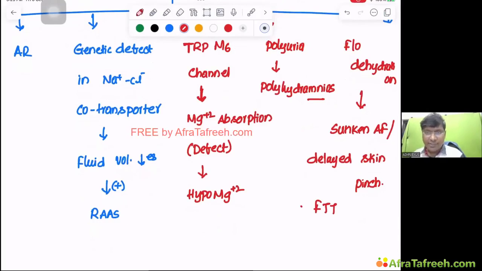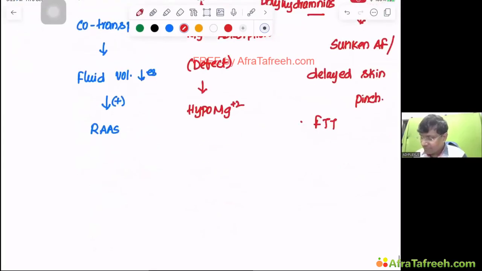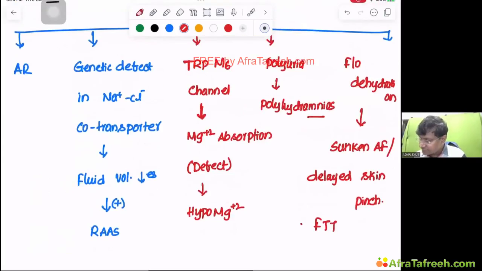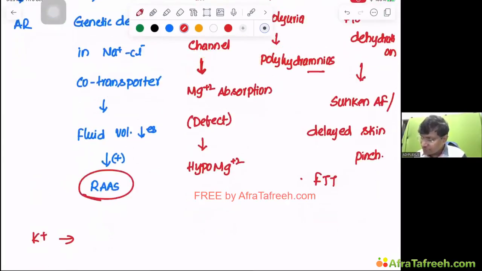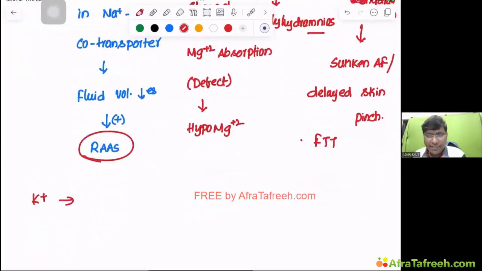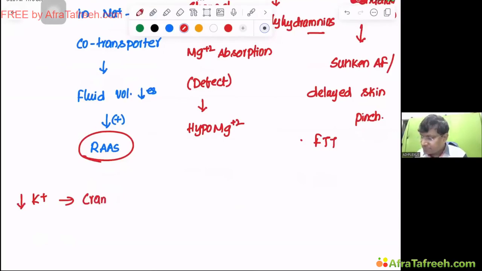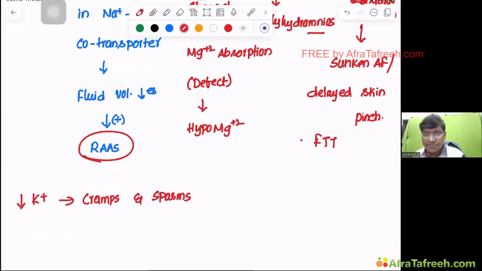And the next important thing in Gitelman syndrome is that they also have hypokalemia. Why are they having hypokalemia? Because there is activation of RAS here. Once there is activation of RAS, the potassium is excreted out, so that will result in hypokalemia. Once there is hypokalemia, they have cramps and spasms within the muscle.